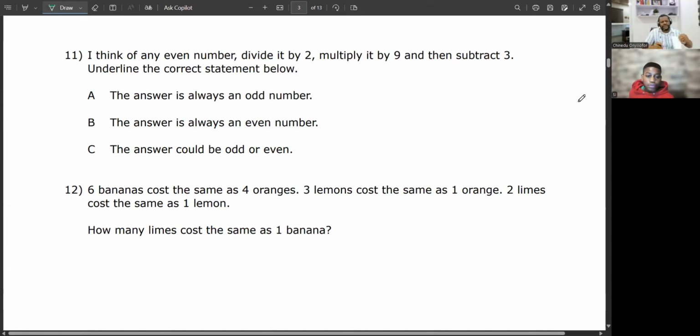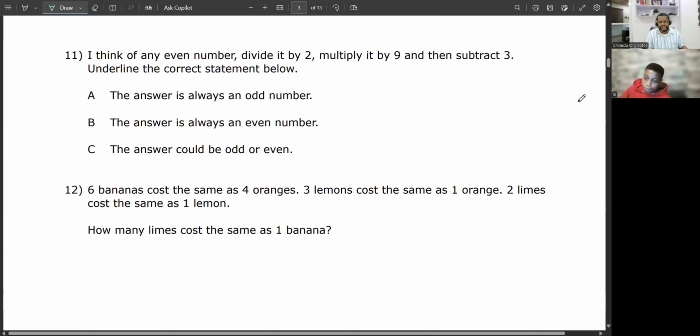Let me read it for you. I think of an even number divided by 2 and multiplied by 9 and then subtract 3. Underline the correct statement. Is it A, option B, or option C? Which one will best give the result?